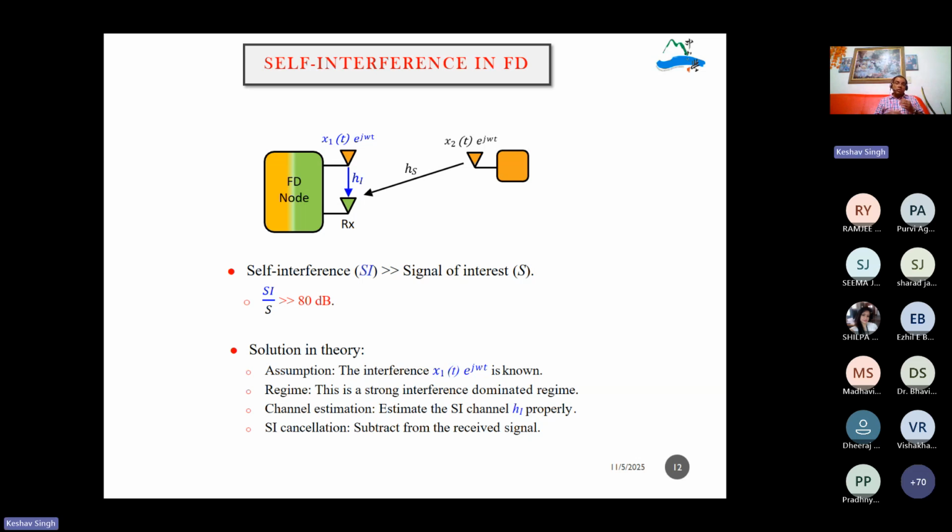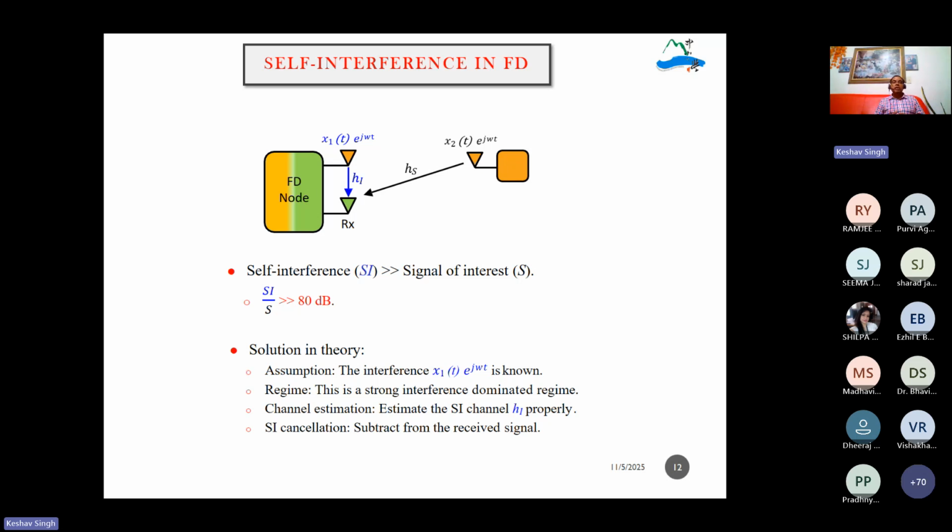But because this operation requires some hardware, the transmit antenna and receive antenna, and some signal conversion, even after canceling there will be some self interference remaining in the system.